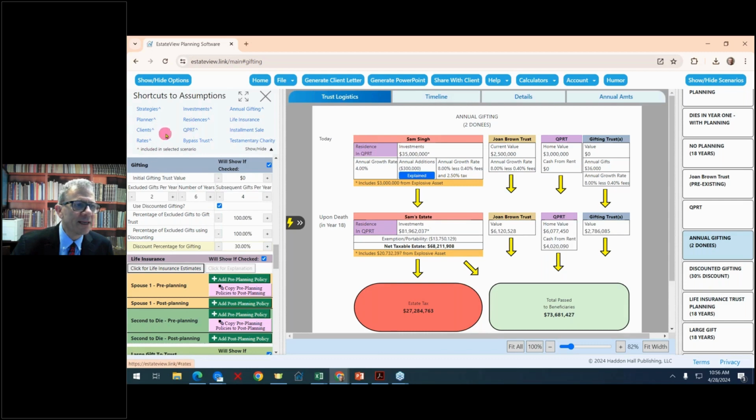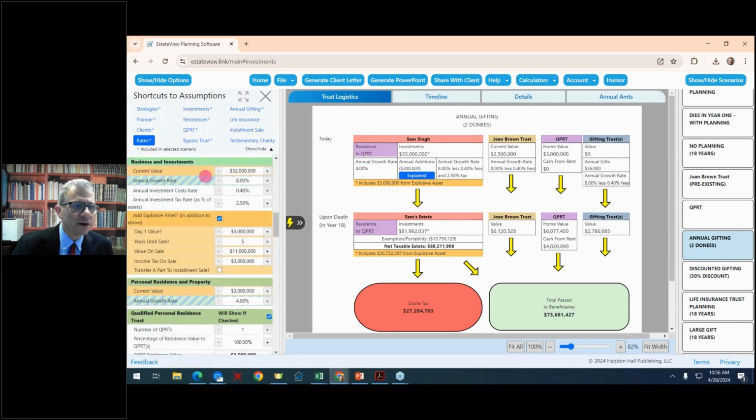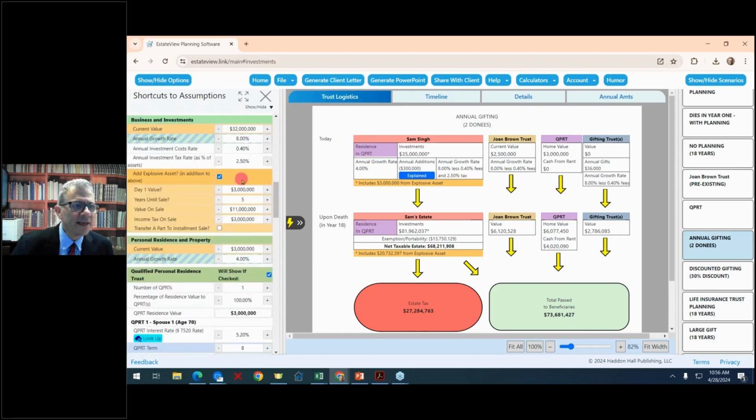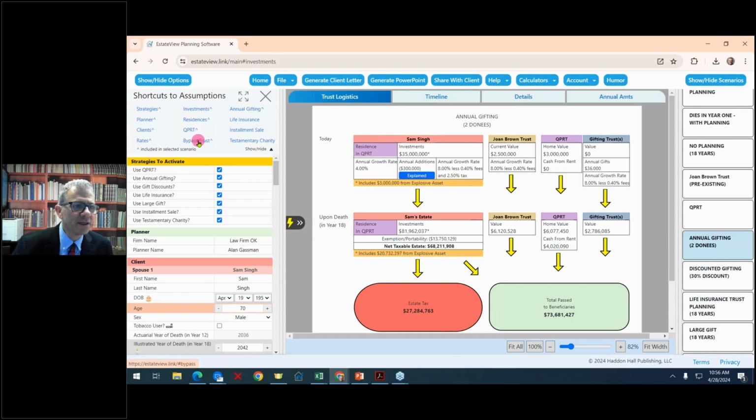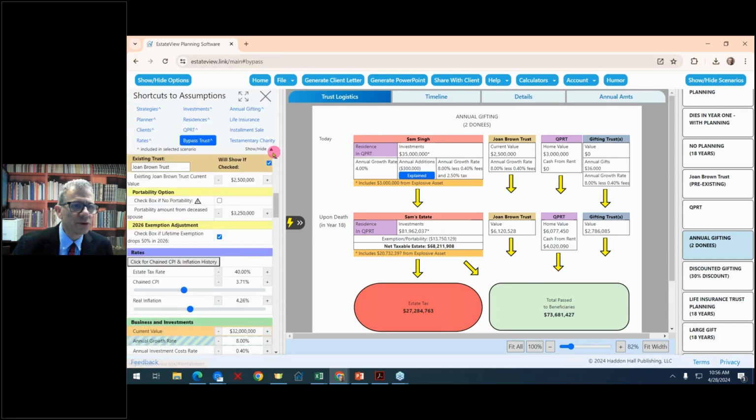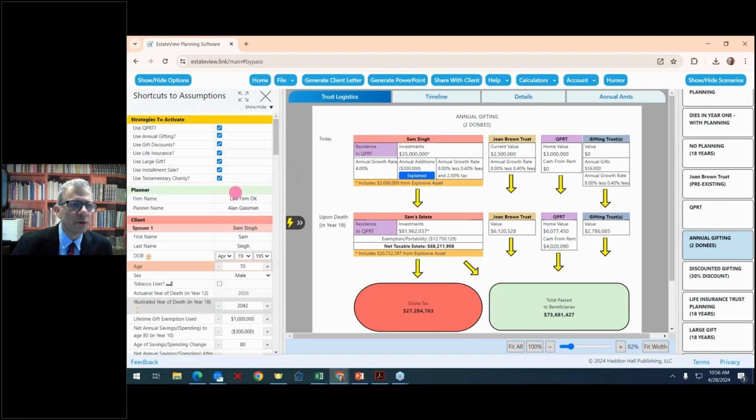If I want to get to investments quickly, I click on investments and there they are. But I can also click show/hide, and now I just have my inputs and I don't have those shortcuts. I'll click that again to show you there are your shortcuts. If you prefer not to use the shortcuts, you click on show/hide.